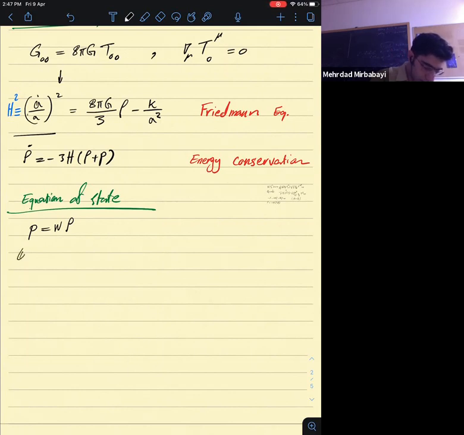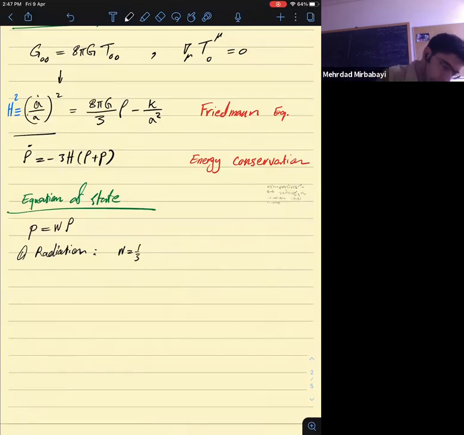One example is radiation. Gas of radiation, thermal photons. In that case, pressure is 1/3 of rho. So W is equal to 1/3.